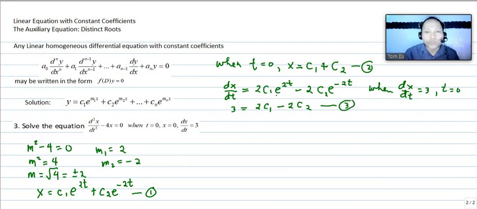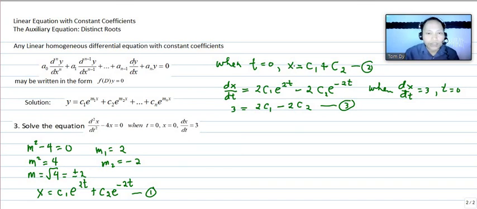This time we have two unknown variables, which are c sub 1 and c sub 2. If we want to find the value of c sub 1 and c sub 2, once we find them, we will substitute those values into this equation. So we have to combine equations 2 and 3.